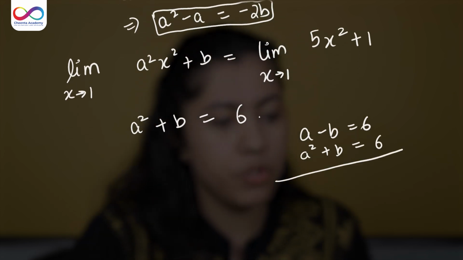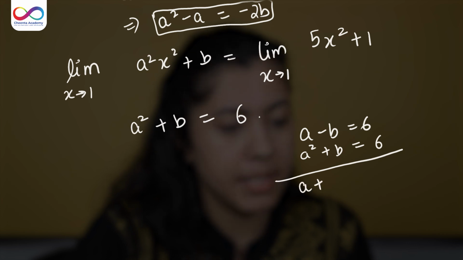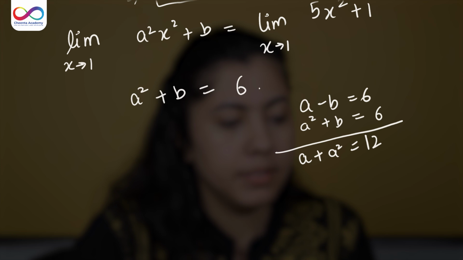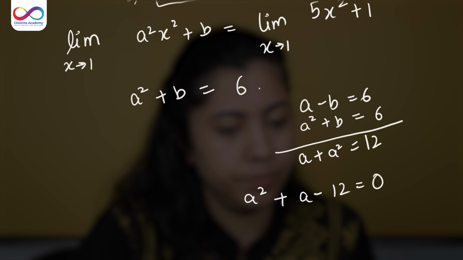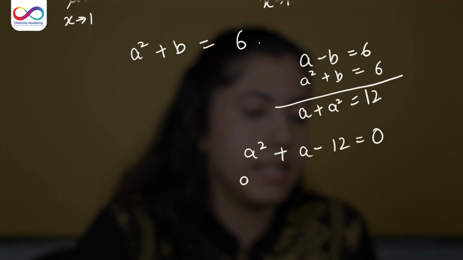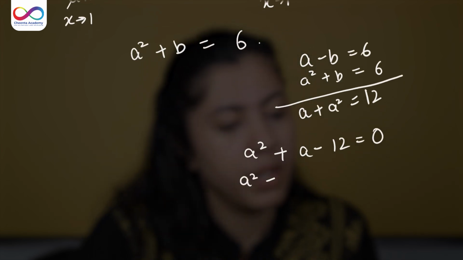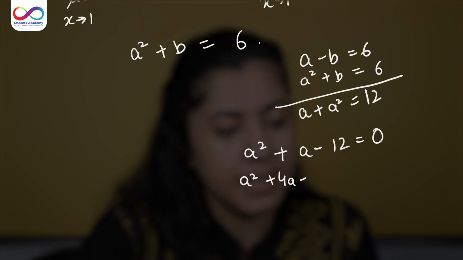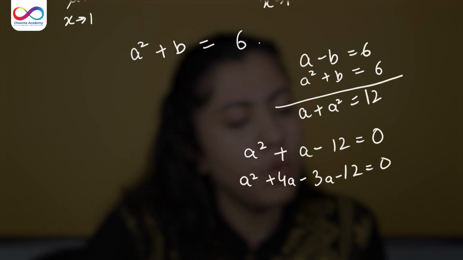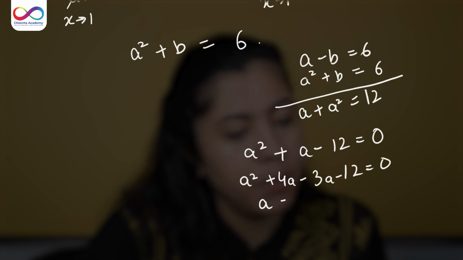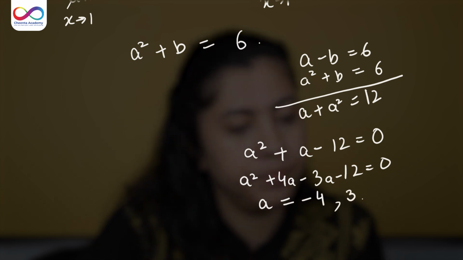We can add these equations and we'll get a square plus a is equal to 12. That is a square plus a minus 12 is equal to 0. We'll get a square plus 4a minus 3a minus 12 is equal to 0. So solving for a, we'll get minus 4 and 3.